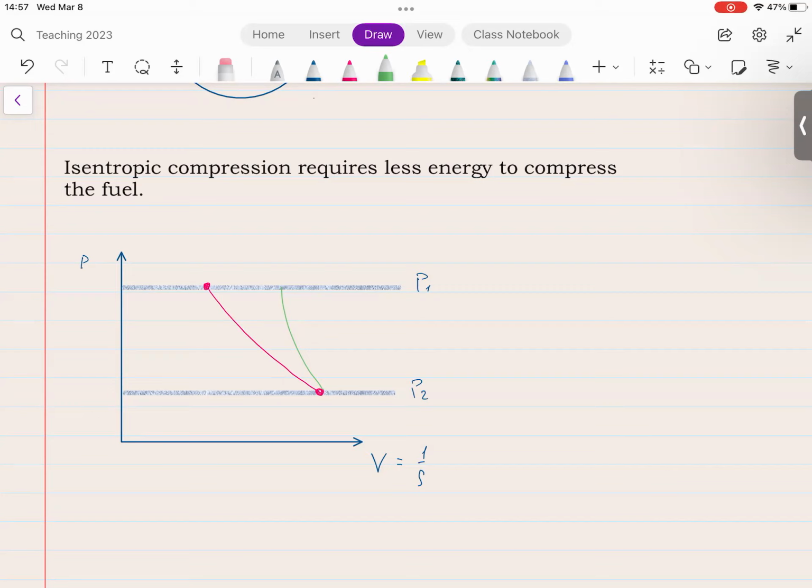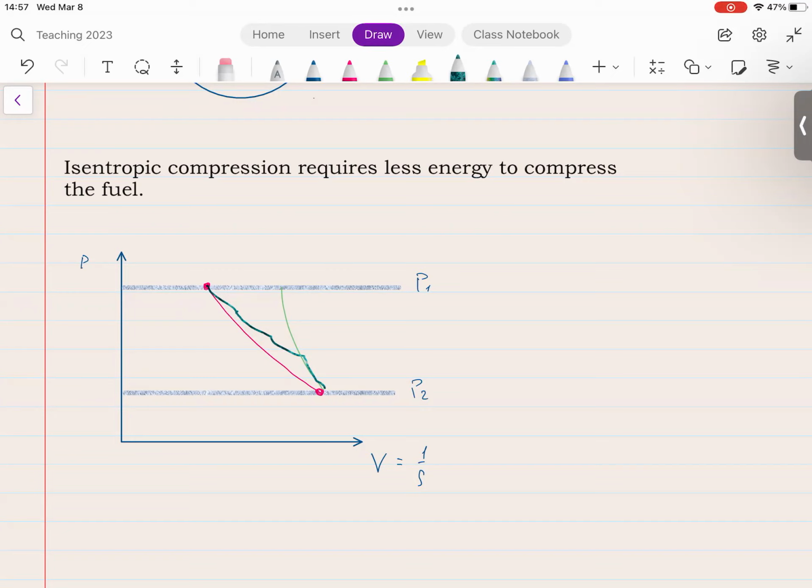However, one thing that can be done is to have multiple shocks and have a curve like something like this. And the result of having multiple shocks will be that we're going to be that much closer to an adiabat.